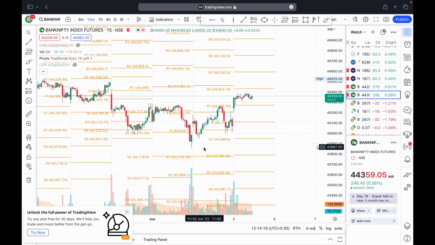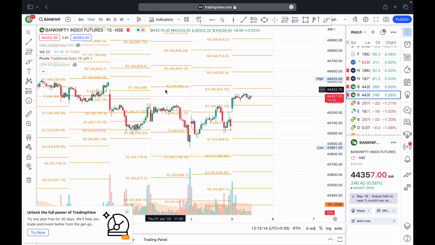If you want to see the formula, I will just show you, but it is not that important. How I actually identify the important levels is that I see the last 2 or 3 days' levels.